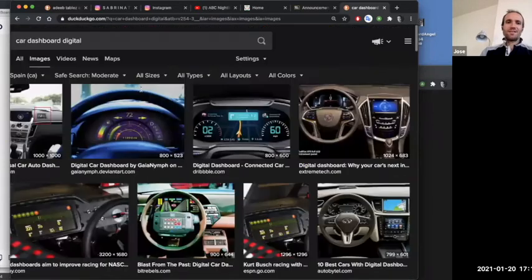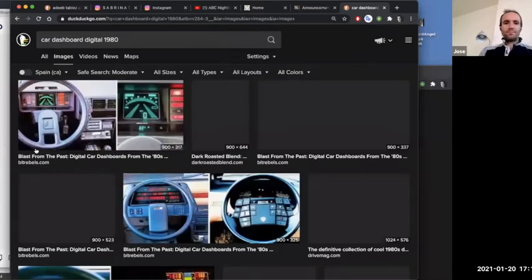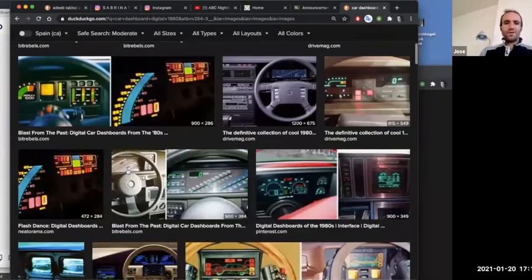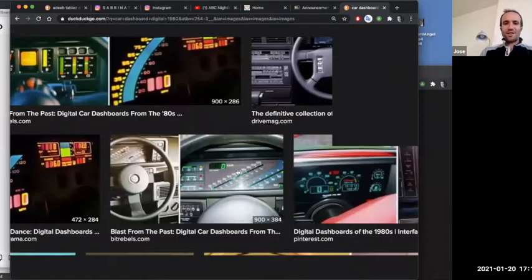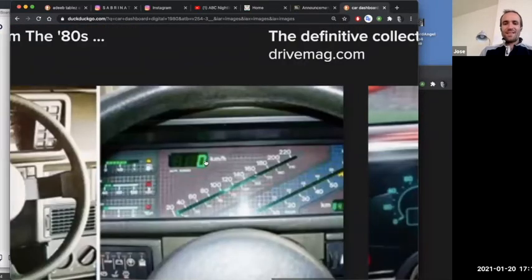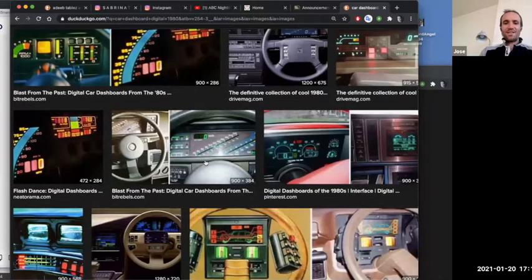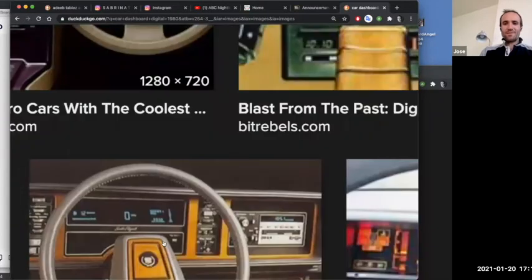And there's a famous one from 1980, where you would display numbers like this, or like this one, look at this one, you get it?